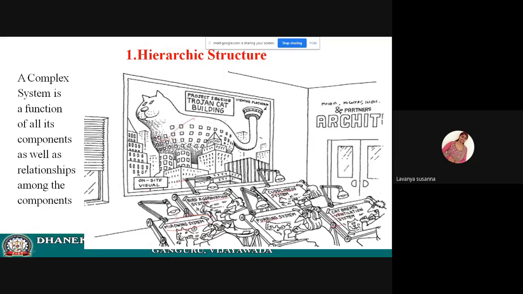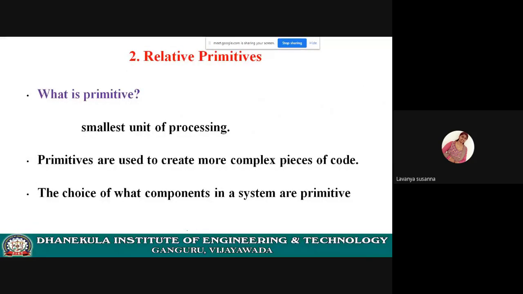Coming to the next attribute, relative primitives. What is meant by primitive? There is no exact definition of primitive.